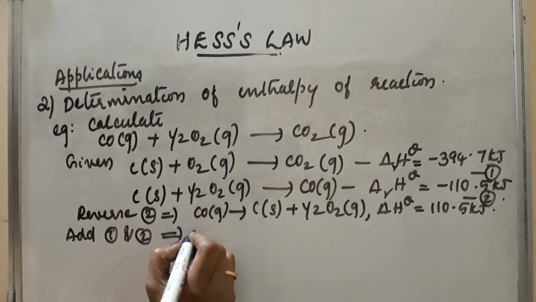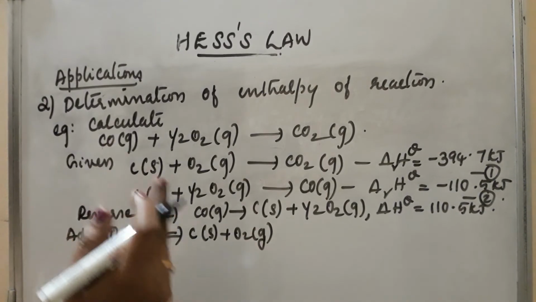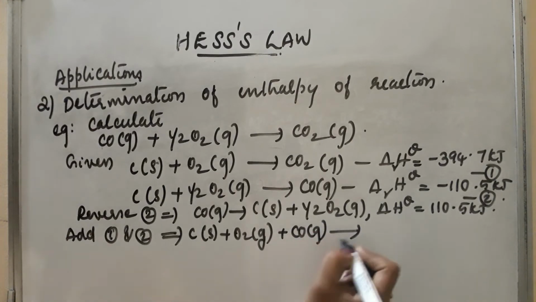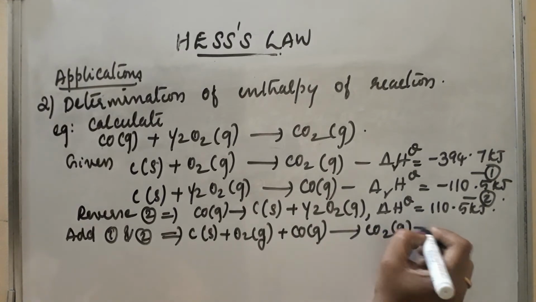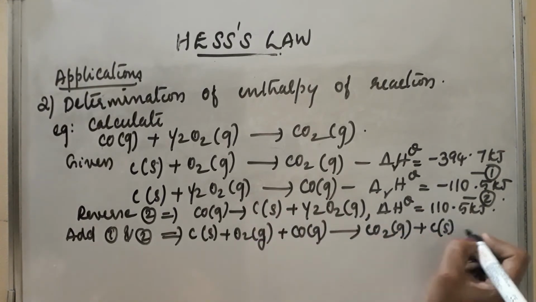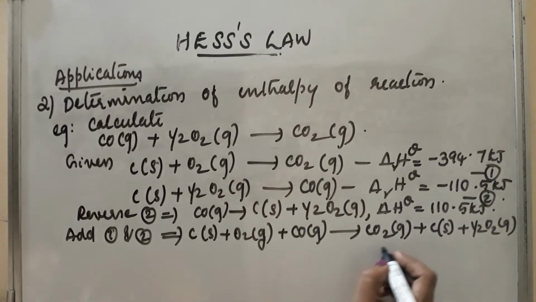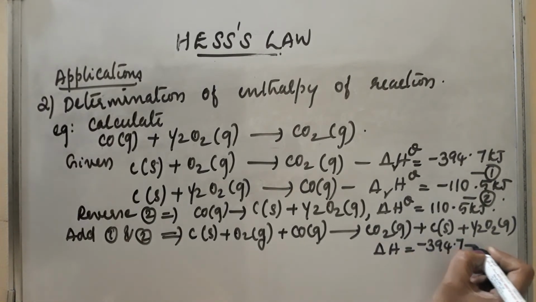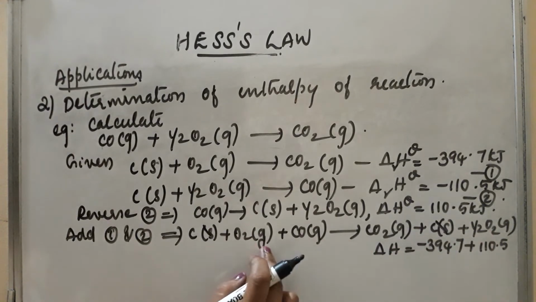Equation 1 plus the reversed 2: on the LHS side we have carbon plus O2 gas and CO gas. On the RHS we have CO2 gas plus carbon plus half O2 gas. Delta H will be equal to minus 394.7 plus 110.5 kilojoule. The carbon cancels, and the O2 gets converted into half O2 here.